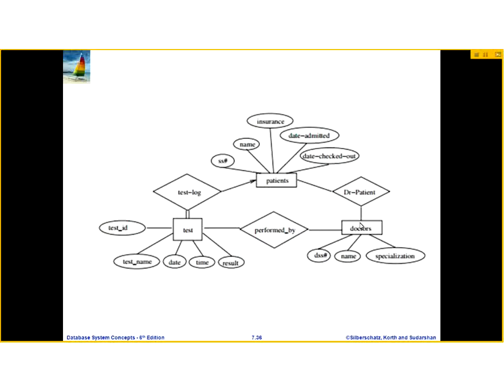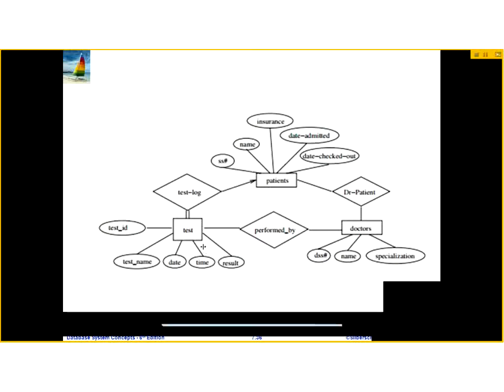One patient can consult one doctor or many doctors, and one doctor can see 0, 1 or many patients. So this is a many-to-many relationship, this is a many-to-many relationship, and if you read it in this way, it's a many-to-one relationship. So this is the basic ER diagram of the example I just showed you.